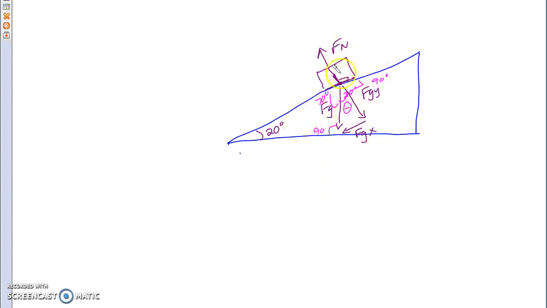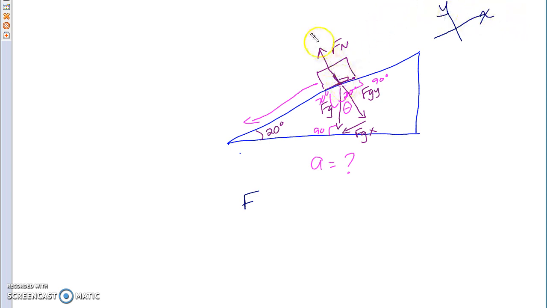Another thing we did yesterday was we took a look at what would happen if I allowed this box to move downward. What would be the acceleration of this box? Remember, my coordinate system is slanted according to the hill. So my x is like this and my y is like this.